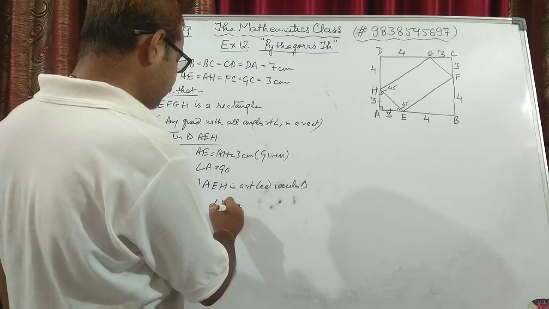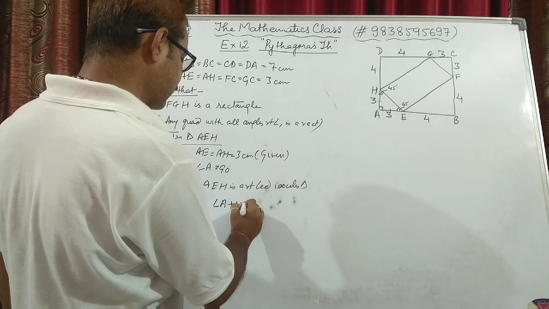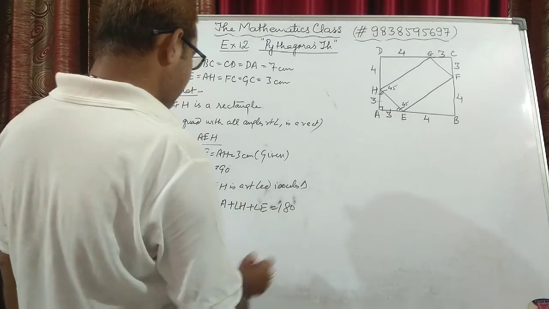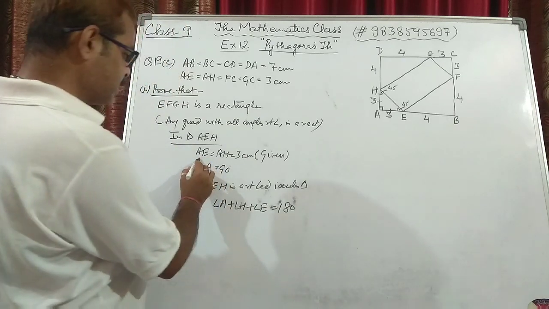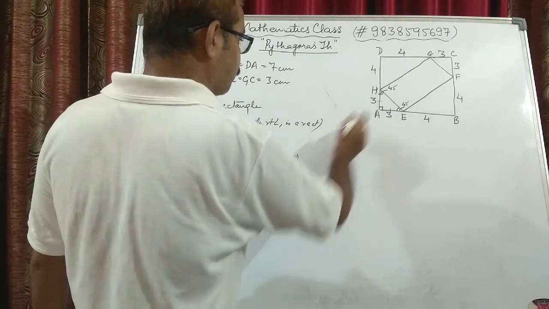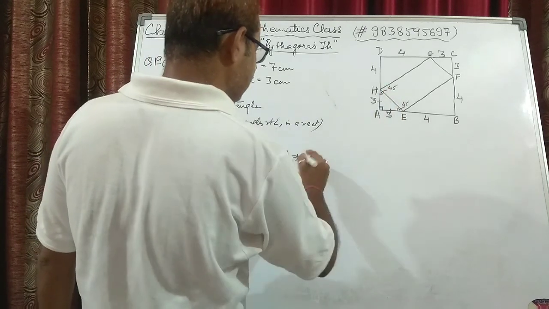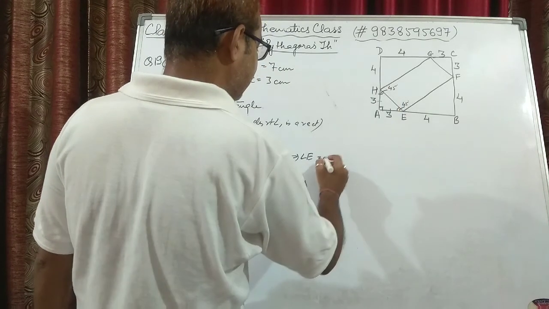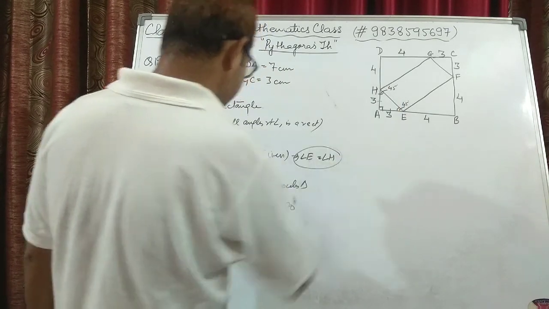How can we say that? We can say angle A plus angle H plus angle E is equal to 180 degrees. And since AE and AH are equal, angle opposite to AH is angle E and angle opposite to AE is angle H, so they are equal.